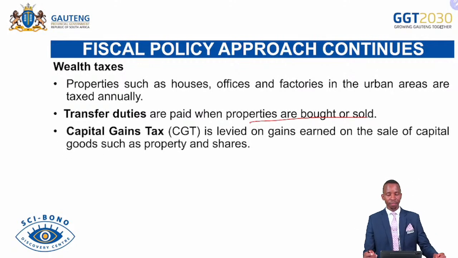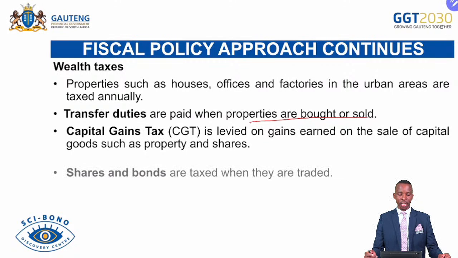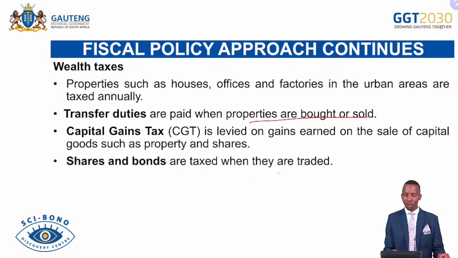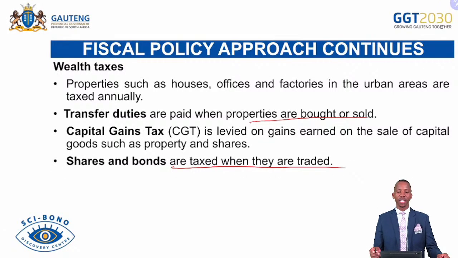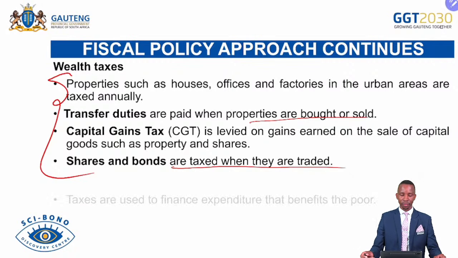Capital gains tax, that is CGT, is levied on gains earned on the sale of capital goods such as property or shares. And then we know that shares and bonds are taxed when they are being traded. All of these are part of the wealth taxes.